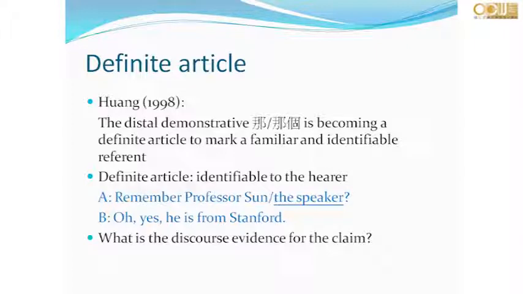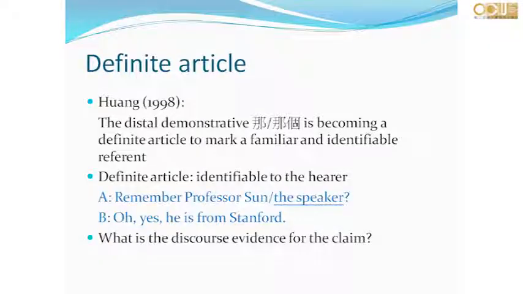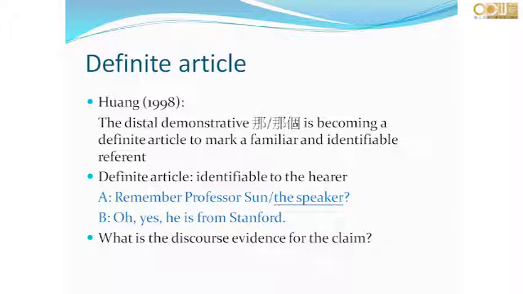definite article，干什么？To mark a familiar and identifiable referent。记得 definite 的意思，我们在 functional syntax 那堂课一直在强调，OK，什么叫 definite article？什么时候你要用 definite article？definite article 的功能是在 mark 一个什么？identifiable 的 referent, a familiar and identifiable to the hearer。这个观念一定要清清楚楚啊！所以如果我问说，remember Professor Sun, the speaker in our conference?